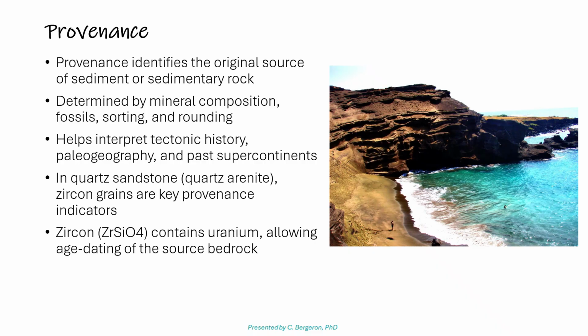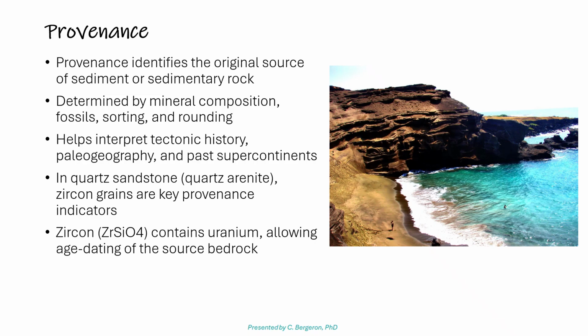The term provenance refers to the original source, like where did this sediment or sedimentary rock come from? And provenance is basically determined by looking at the mineral composition, looking at fossils that are present, looking at texture, looking at sorting and rounding to figure out the original source of the sediment in the sedimentary rock.